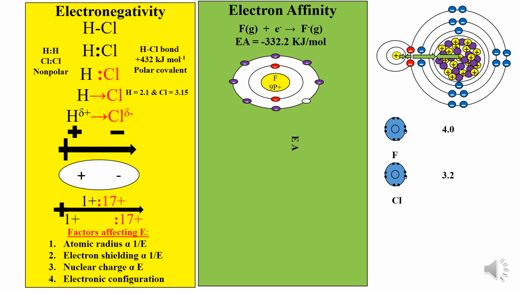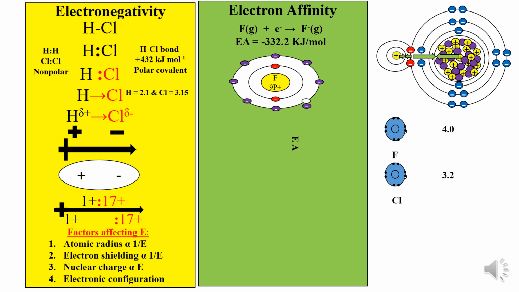So let me explain the electron affinity concept with respect to the fluorine atom. The fluorine atom, as I already mentioned, has 7 valence electrons in its outermost shell, and it is striving to gain an additional electron to complete its outermost valence shell. Fluorine has 9 protons in its nucleus, and because of the coulombic force of attraction, it tends to attract the incoming negatively charged electron.